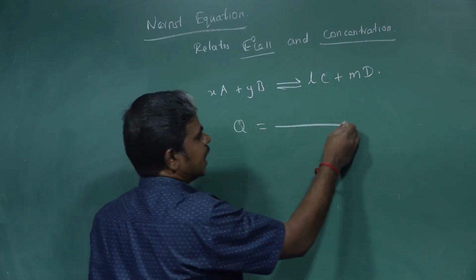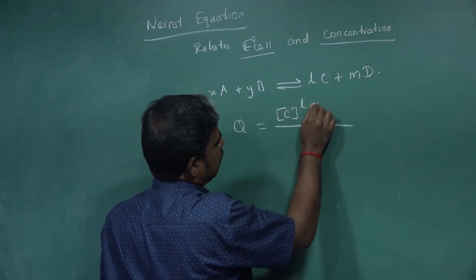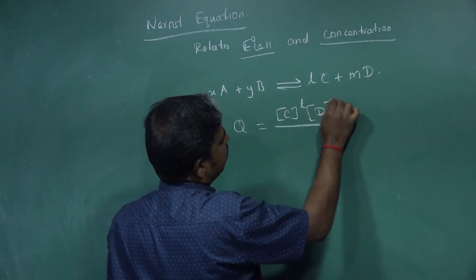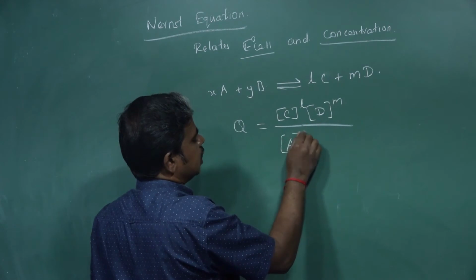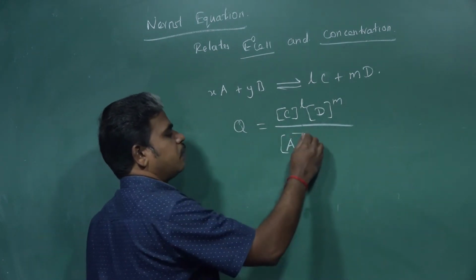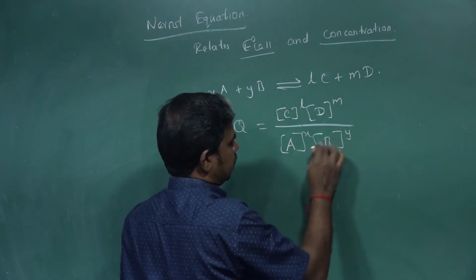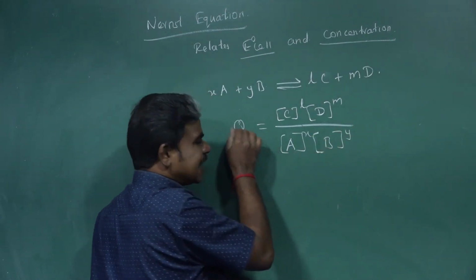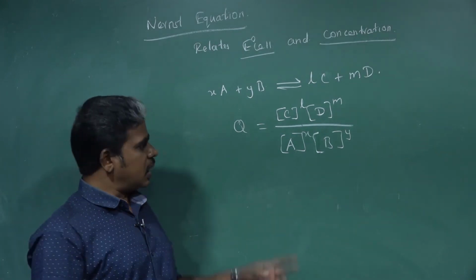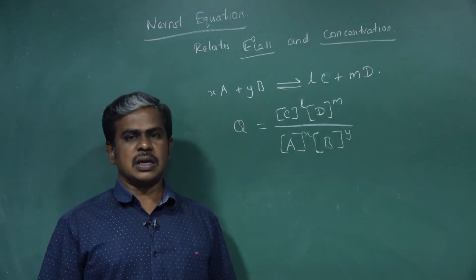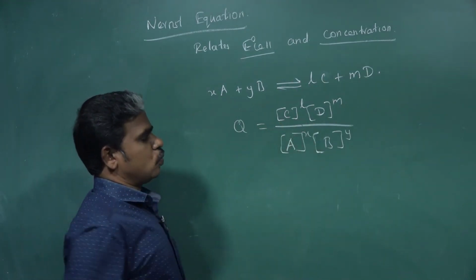So it is the ratio of concentration of C power l into concentration of D power m by concentration of A power x into concentration of B power y. If you are taking the Kc value, then it is at the equilibrium concentration. Now the Q value is nothing but the non-equilibrium concentration.